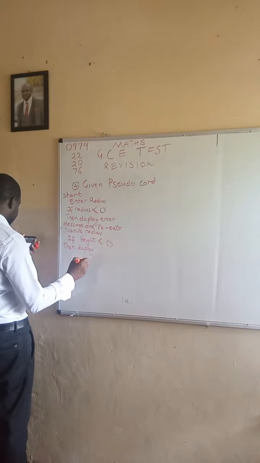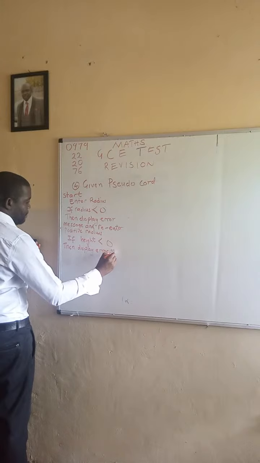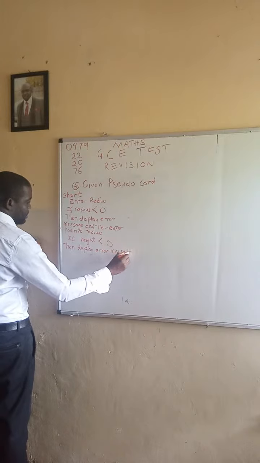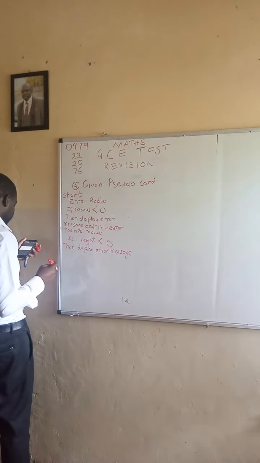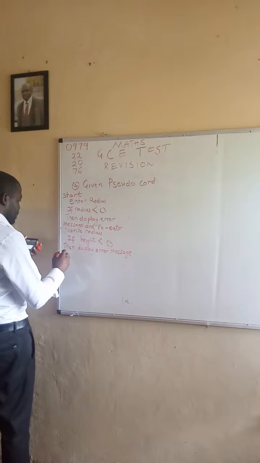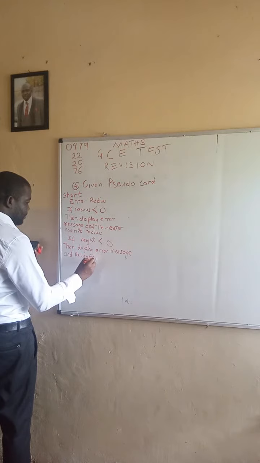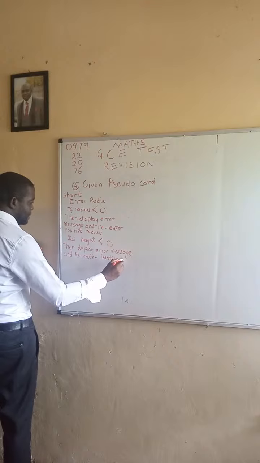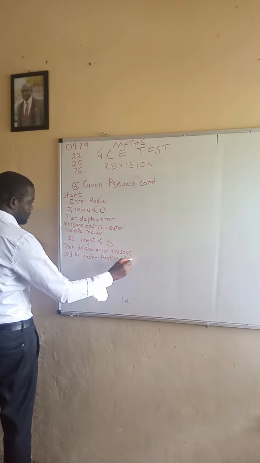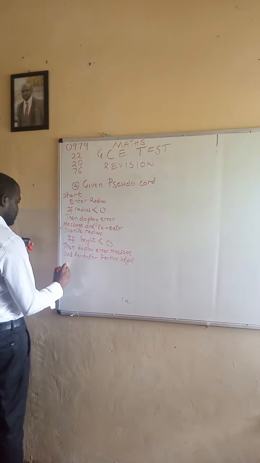You display error message, then display error message and re-enter positive height. Okay, so this is another sentence. This is a new sentence.